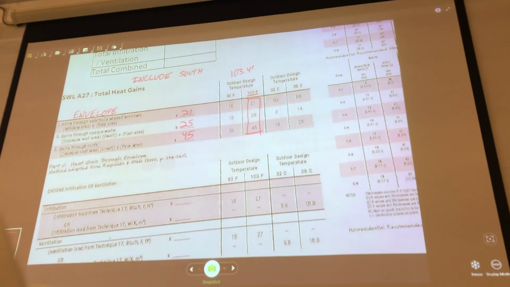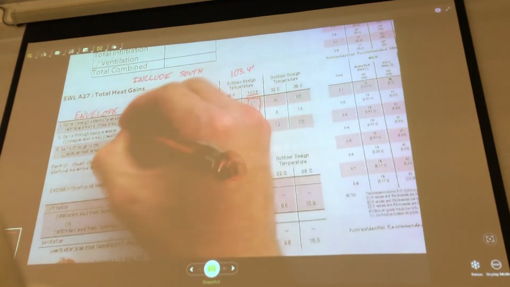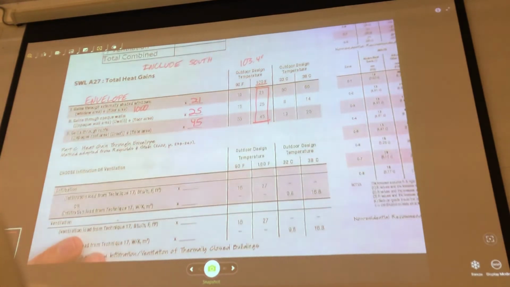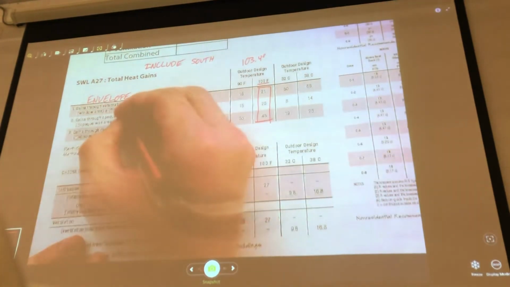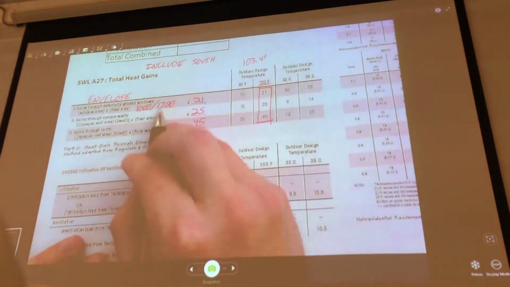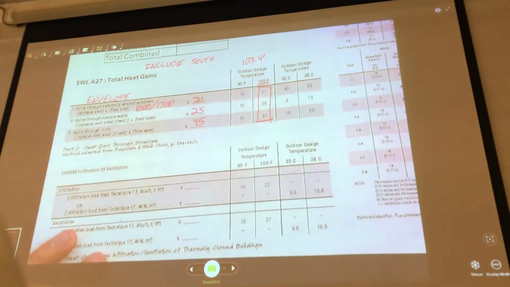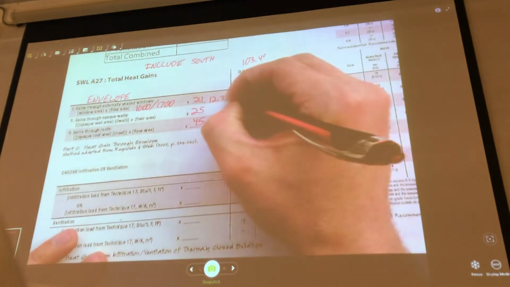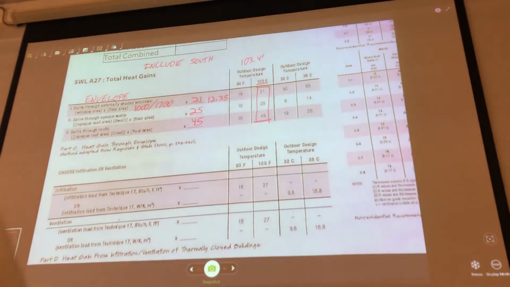Well, we've got 1,000 square feet of total windows. And we're going to divide that by our floor area, 1,700 square feet. 1,000 divided by 1,700 times 21 gives me 12.35. 12.35 BTUs every single hour for every square foot within my building.